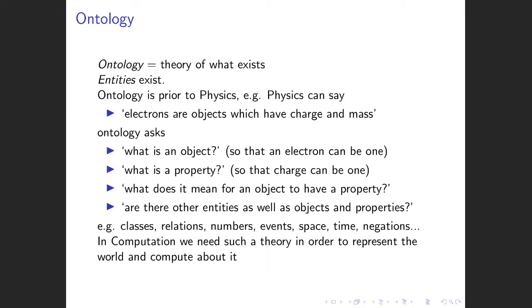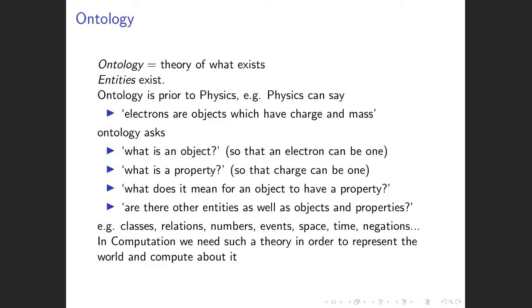And I'm putting objects very much in quotation marks at this point. As humans, we appear to live in a world full of these macroscopic objects which have properties such as color and weight, and they interact with one another, they move over time, and we want to have logics that can reason about how those objects will behave.